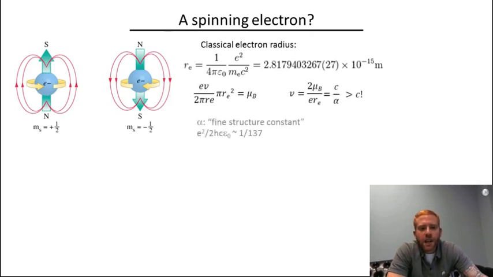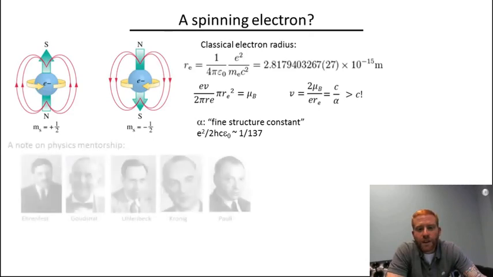The result is the speed of light divided by the fine structure constant, a dimensionless quantity equal to about 1 over 137, far less than unity. The velocity, then, would have to be over 2 orders of magnitude higher than the speed of light. Clearly nonsense.